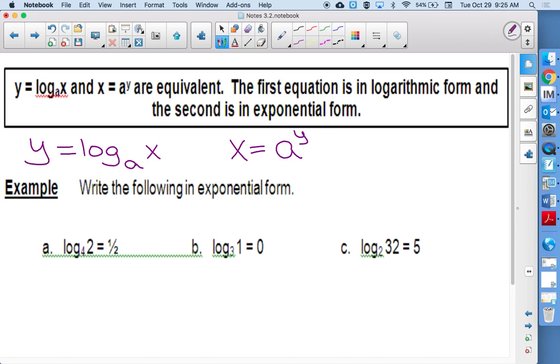So we have log base 4 of 2 equals 1/2. Dylan, how would you write that as an exponent? What would that look like? Right now we have log base A of x equals y.